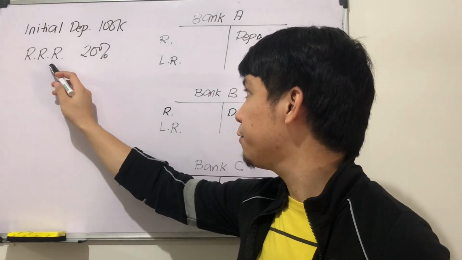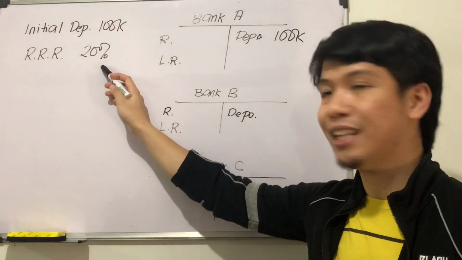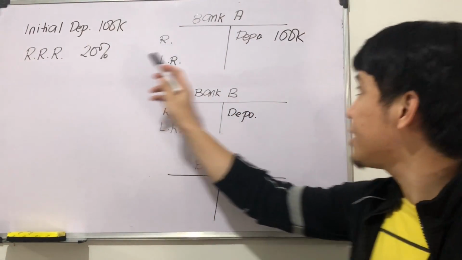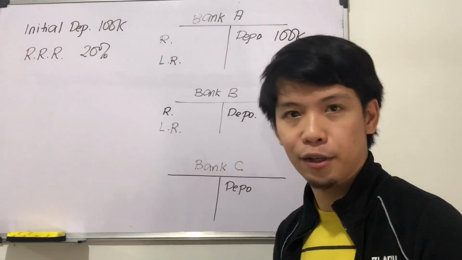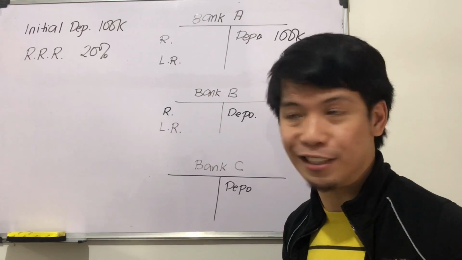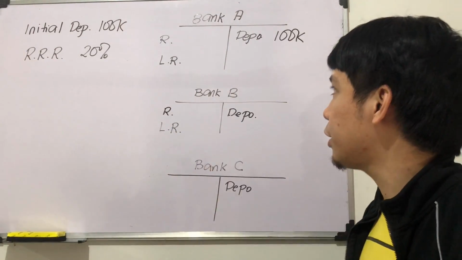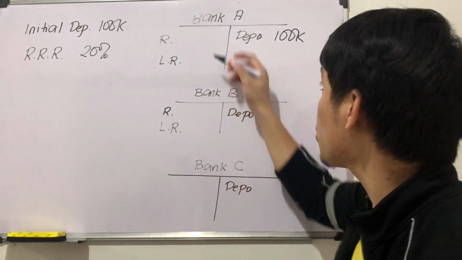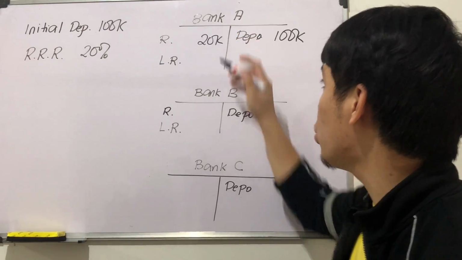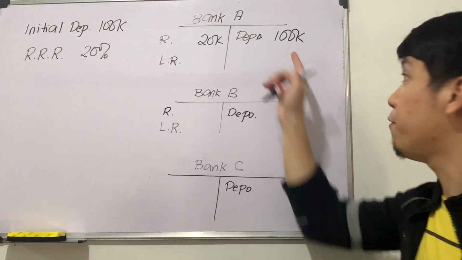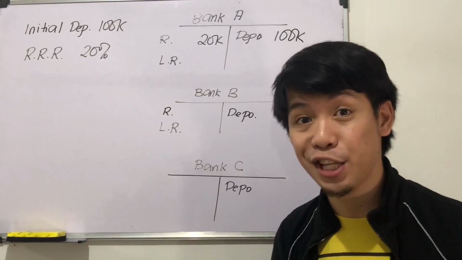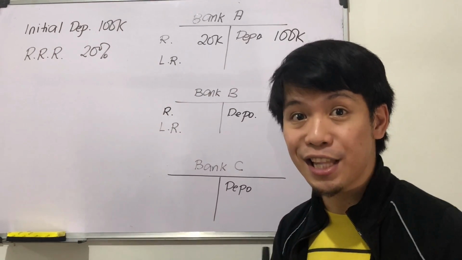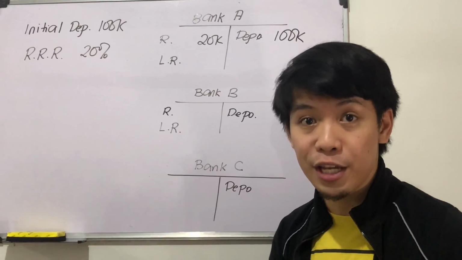If there's a reserve requirement ratio of 20%, 20% of 100,000 is required to be kept by the bank, maybe in the vault or somewhere else. So the reserve requirement would be 20,000, which is 20% of 100,000. What about the remaining 80,000? The remaining 80,000 can be lent to the general public.